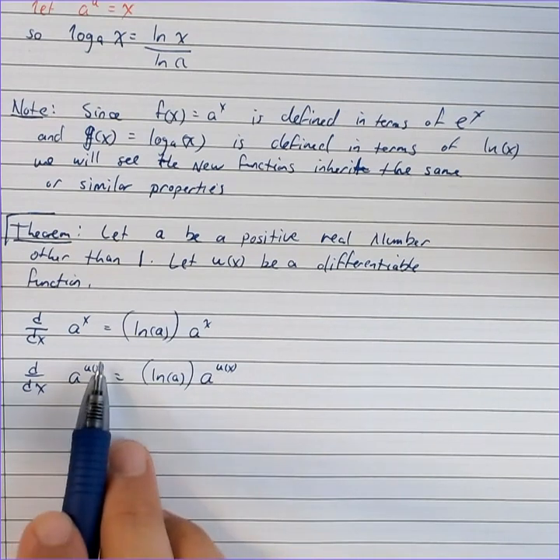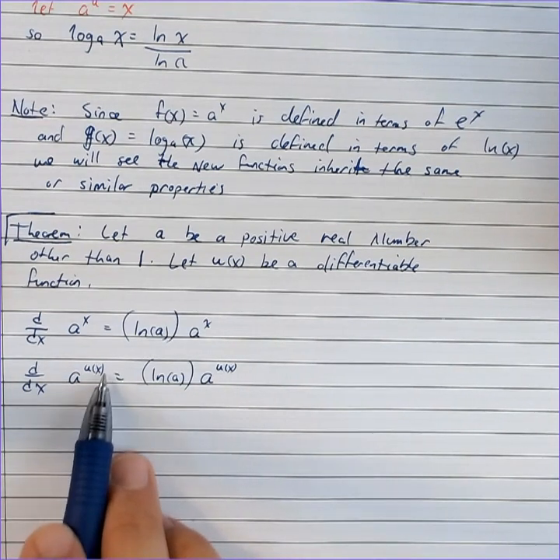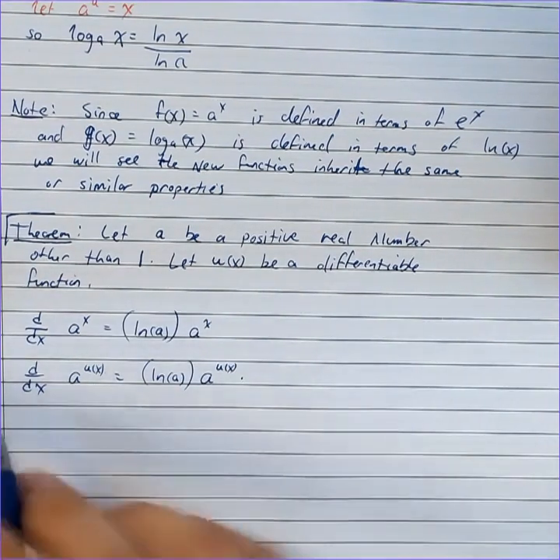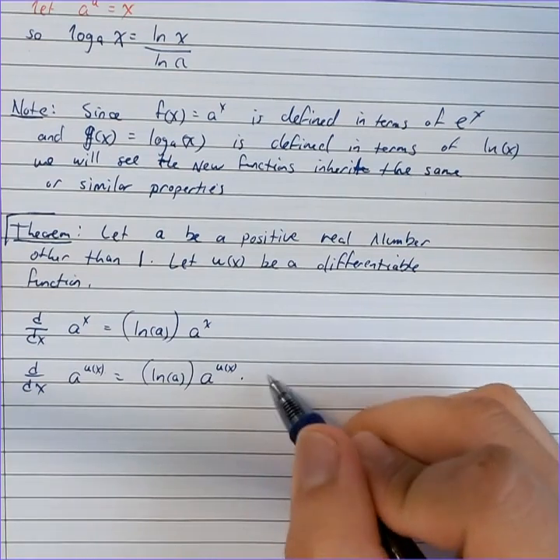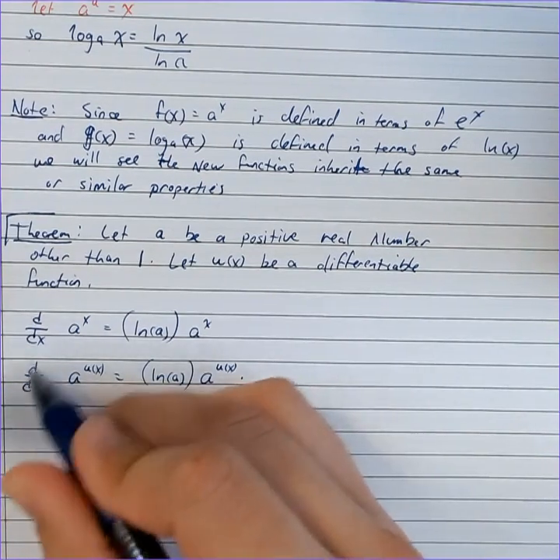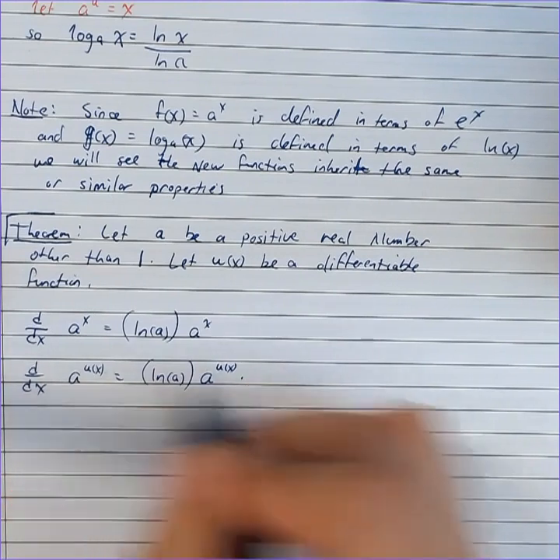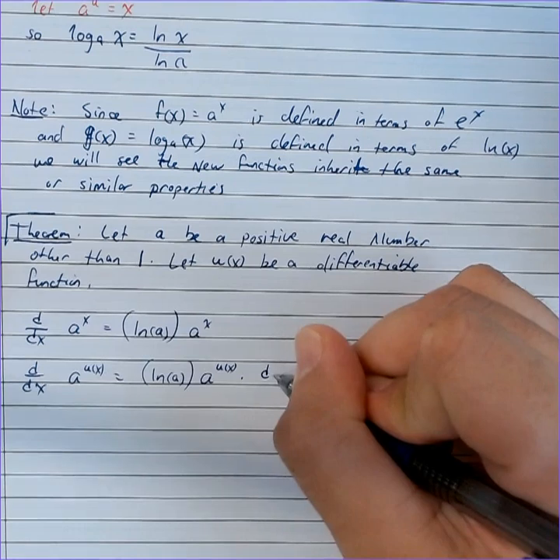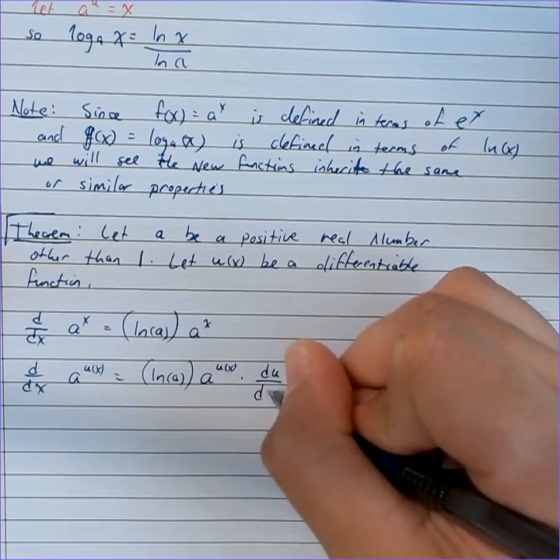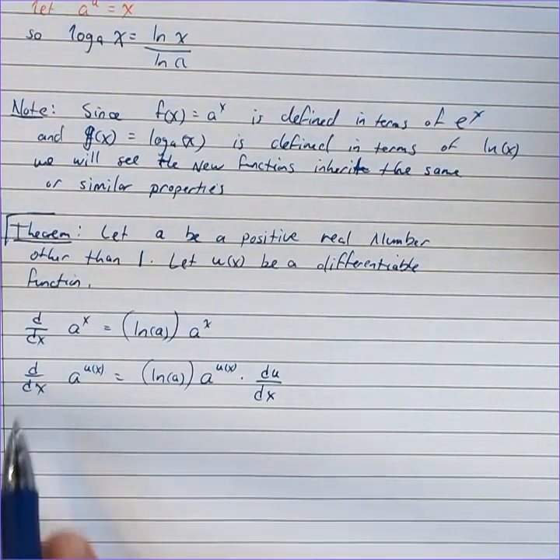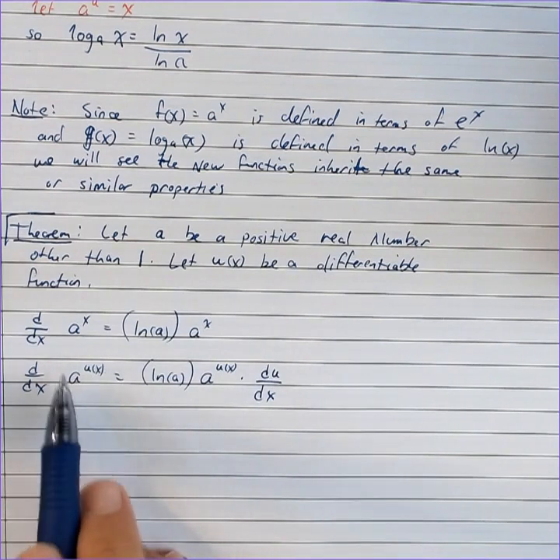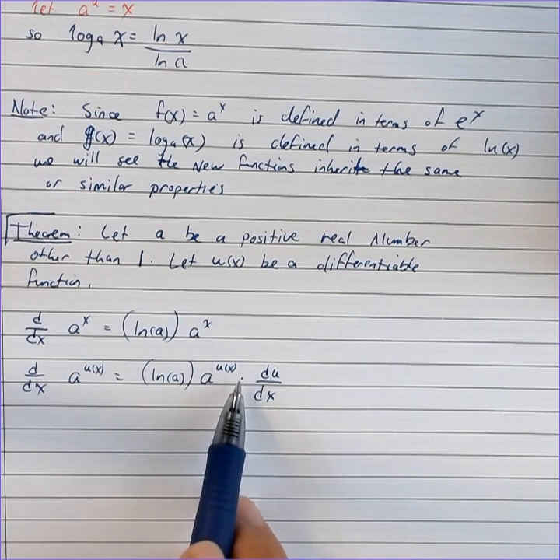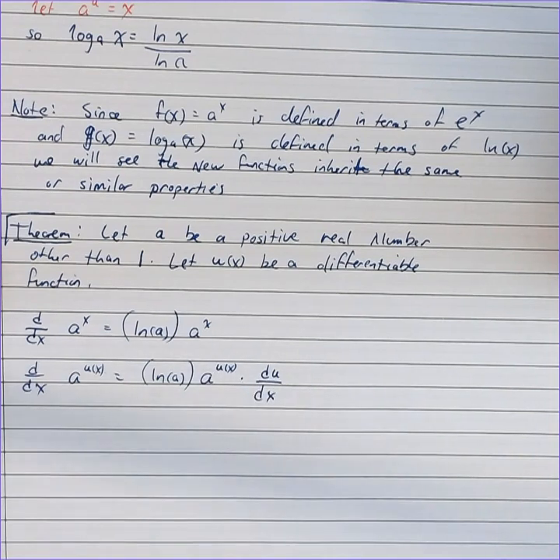But then, because this itself is a function, we have to invoke the chain rule, which tells us to now multiply by the derivative of that function. Here, you might be used to using u prime. However, since the expression is written in Leibniz notation, I'm going to write it in Leibniz notation here. That'll be times du dx. Some people prefer to write this as a to the u of x prime is natural log of a times a to the u times u prime. And that is also acceptable.